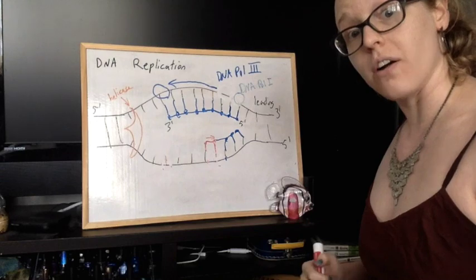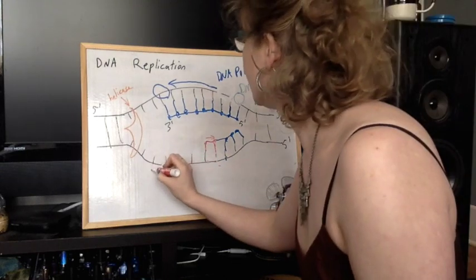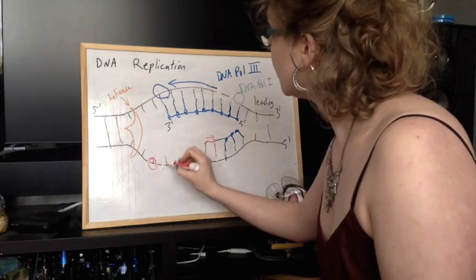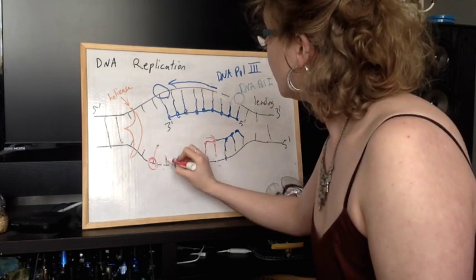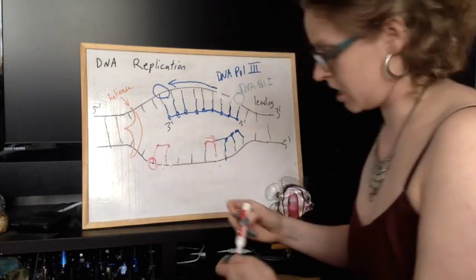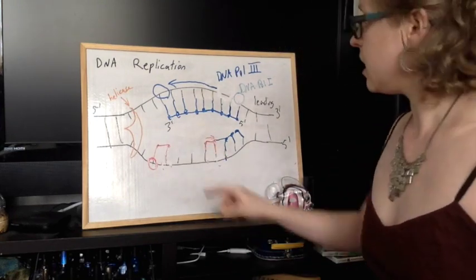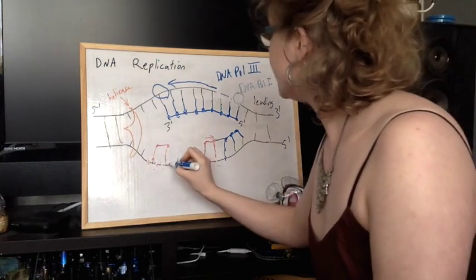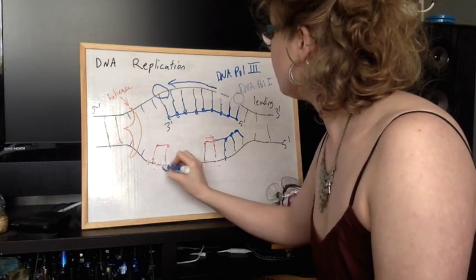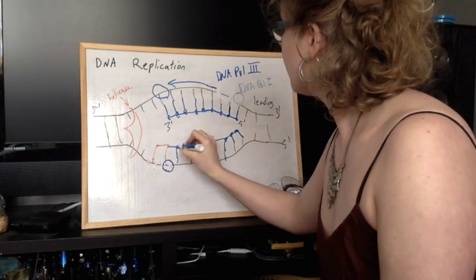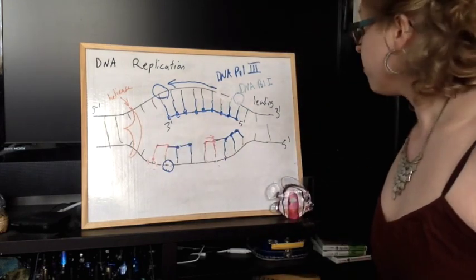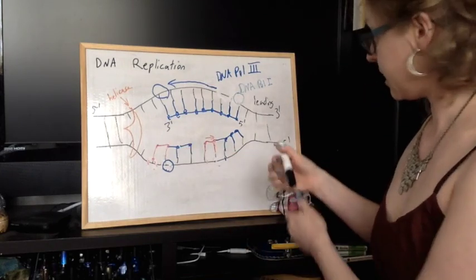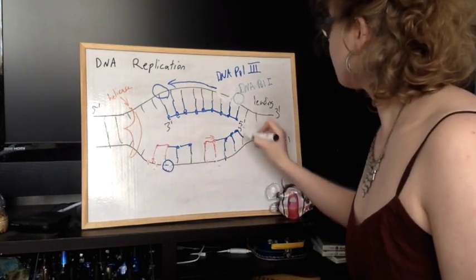And then we have our RNA primase coming back further up the line, let's say here. It's going to add some primers, then it will dissociate, and DNA polymerase 3 will come here and add stuff this way, again, because this is 5 prime, this is 3 prime.